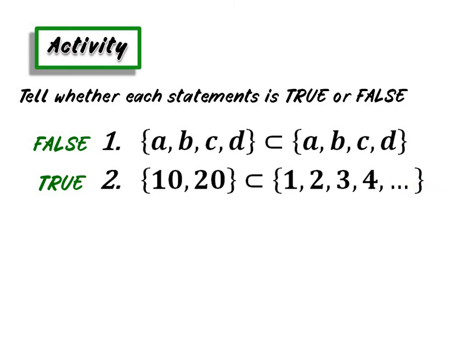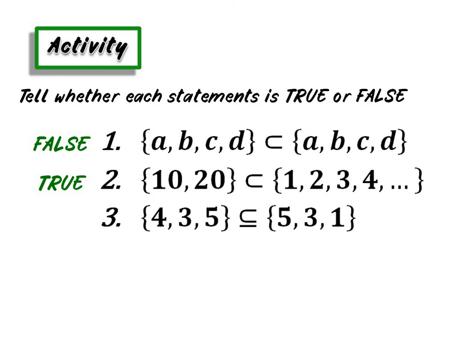How about number 3? The set containing 4, 3, 5 is an improper subset of the set containing 5, 3, 1. Is this true or false? If your answer is false, good job.